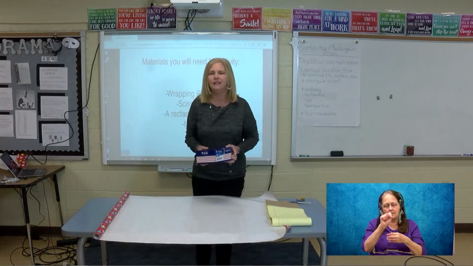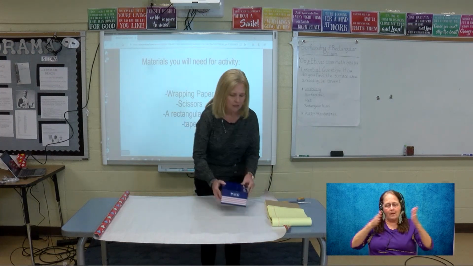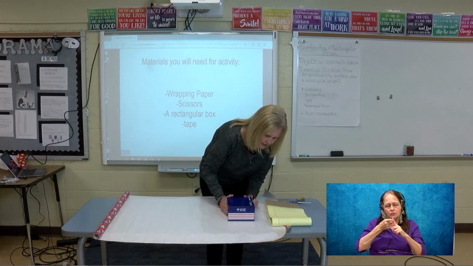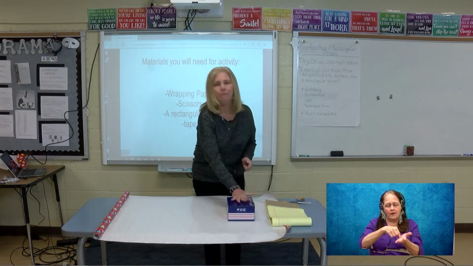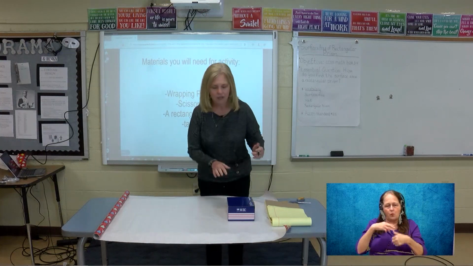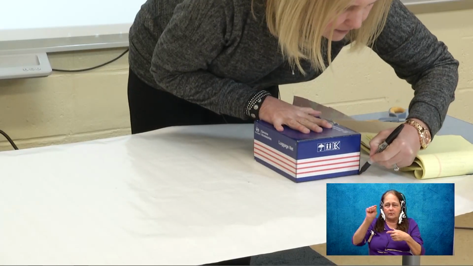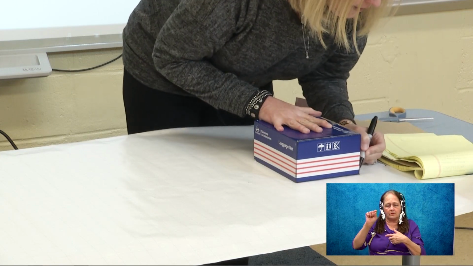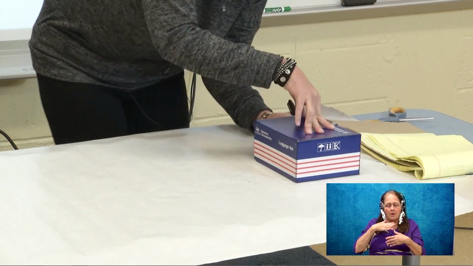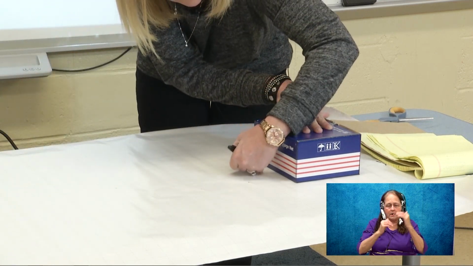You can start with any side. I like to start with the larger piece first. I'm going to put this bottom piece, remember we have a bottom first, and I'm going to trace my bottom. Remember, I am building a net.